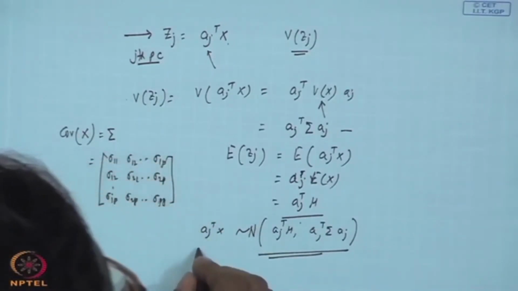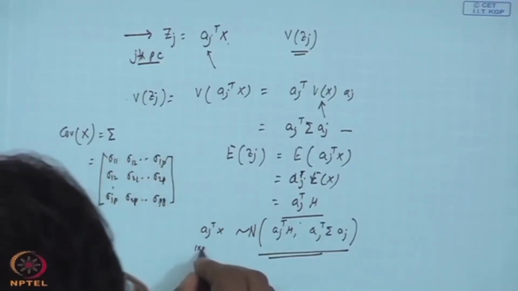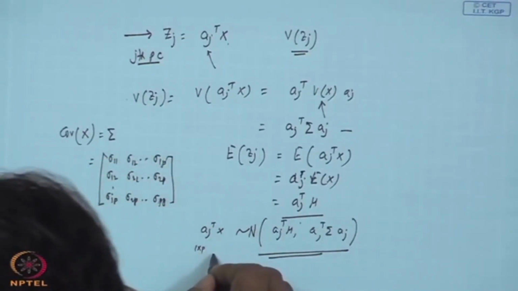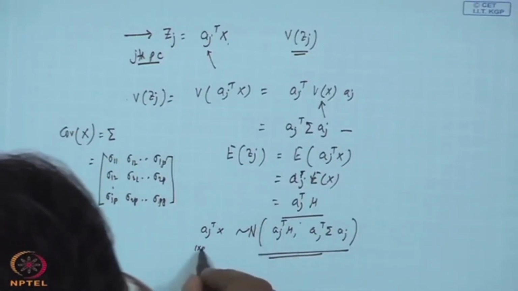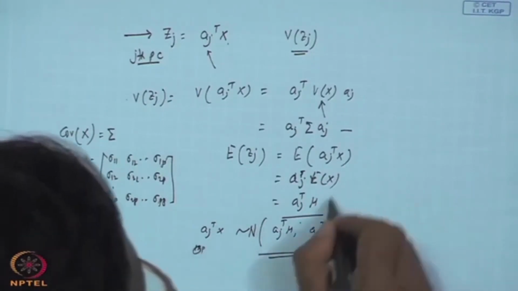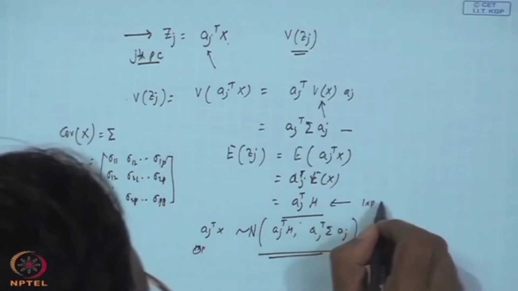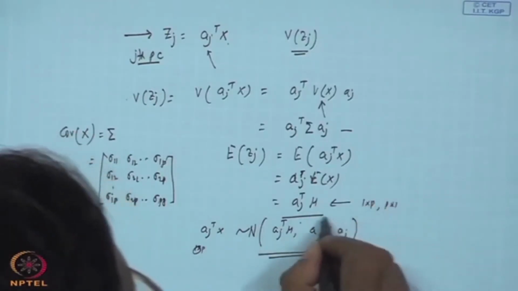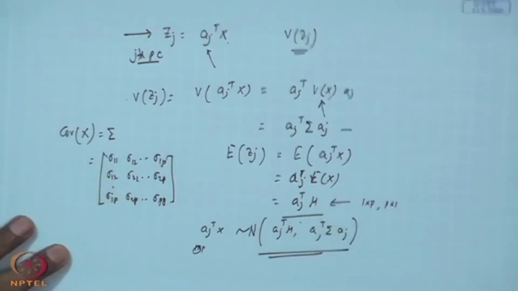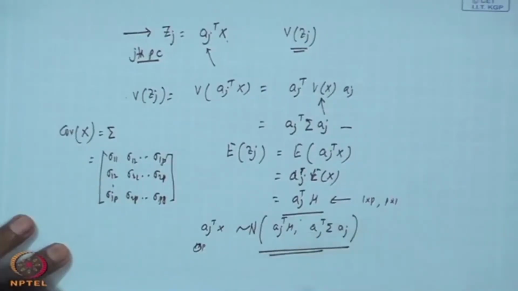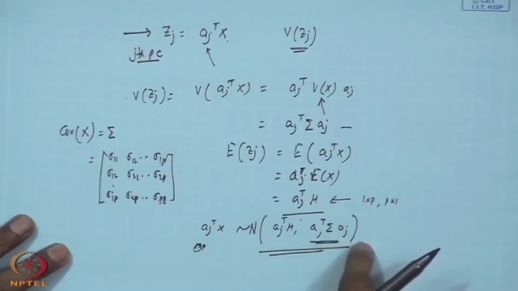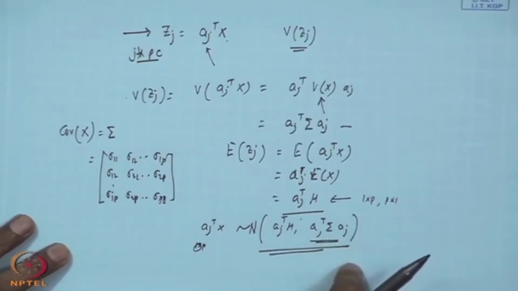Aj transpose is 1 cross p. Now, what will be your mu part? 1 cross p into p cross 1 gives 1 into 1. And this variance part will be 1 into p, p into p, 1 into p, that is 1 into 1.